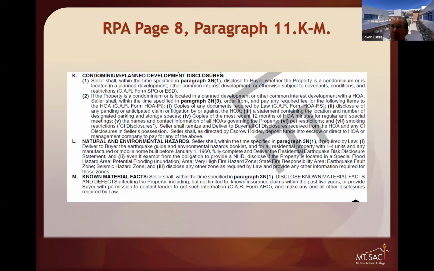I believe the statute says they're supposed to respond with documentation within 10 days, but the HOA is not a party to this agreement, so we can't require them to do anything, okay? We can only require to make the request as early as possible, okay? And again, down at the bottom, seller's required to disclose all known material facts, anything that possibly could affect the value of the property.